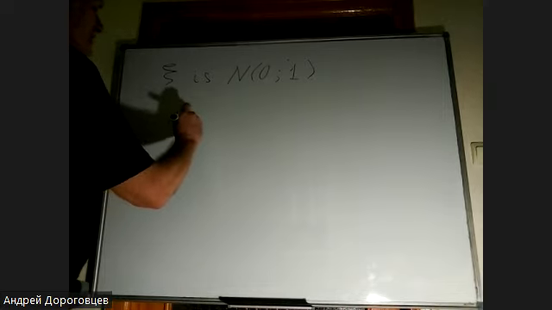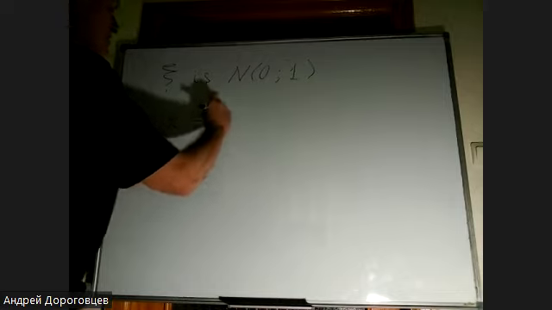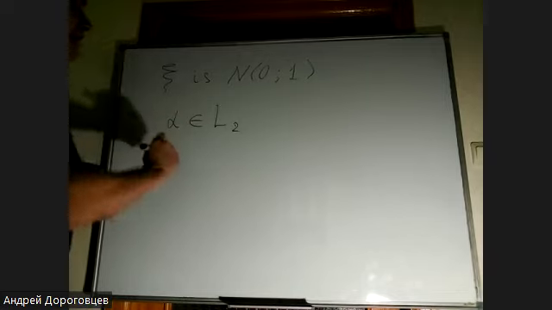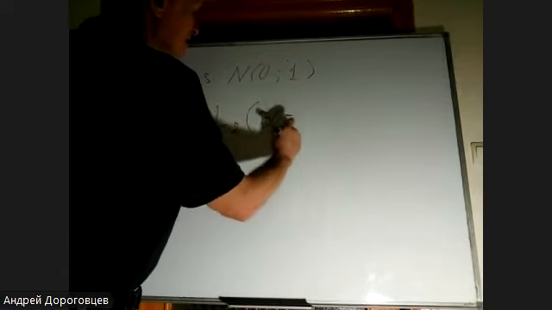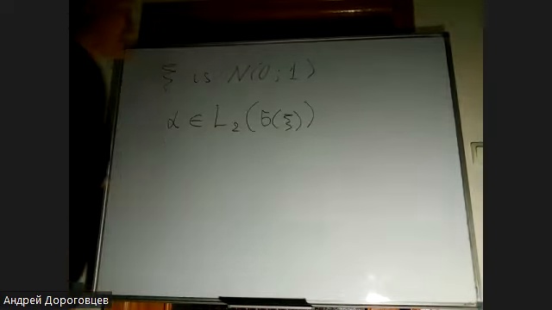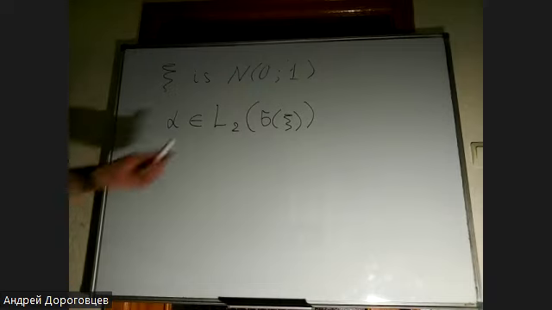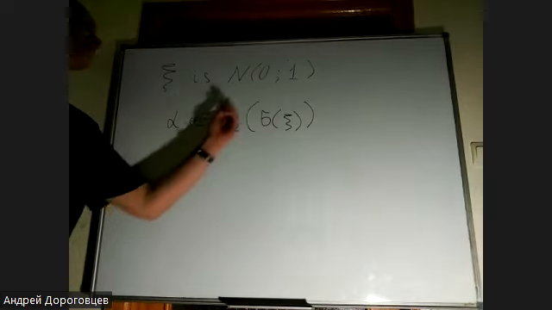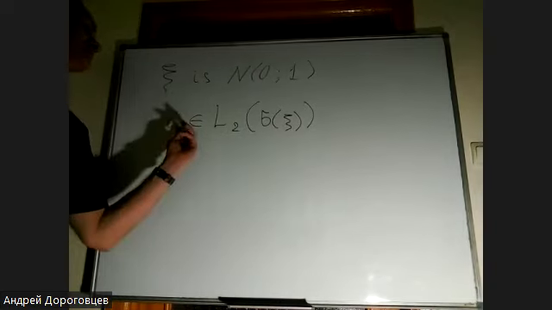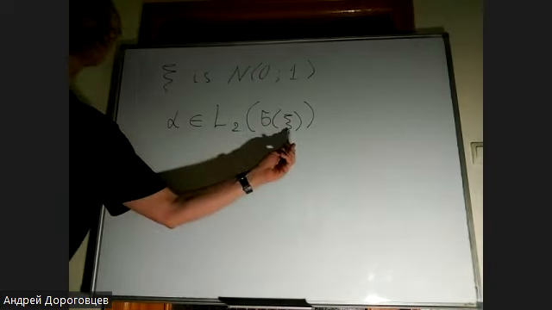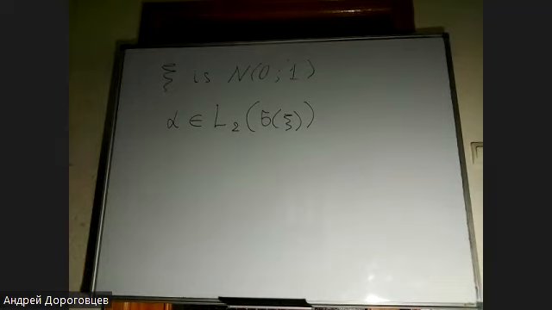Alpha is square integrable and measurable with respect to psi. I denote this by the following notation: alpha is from A2, and the sigma field is generated by the random variable psi.